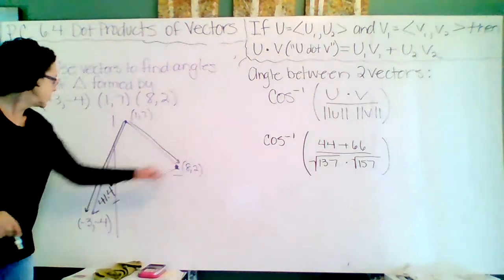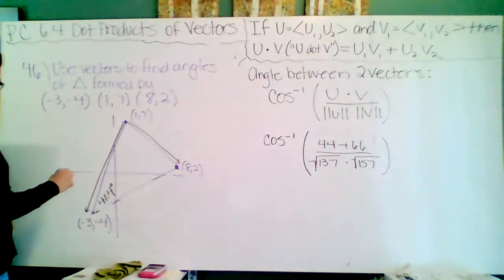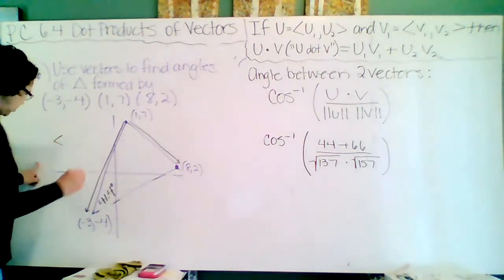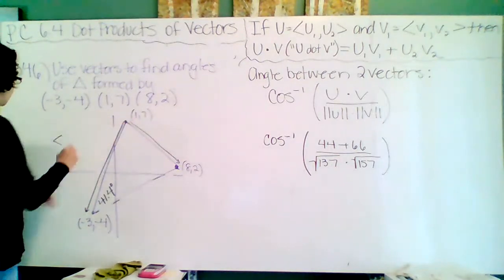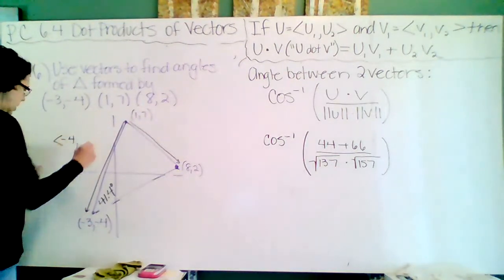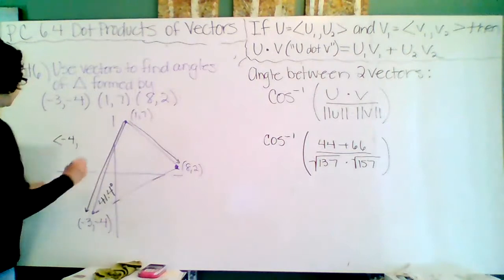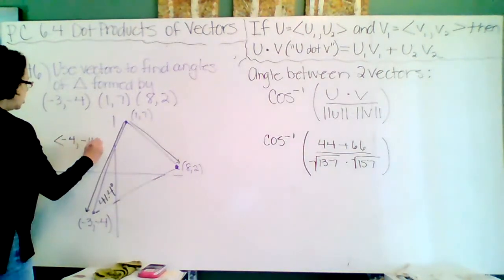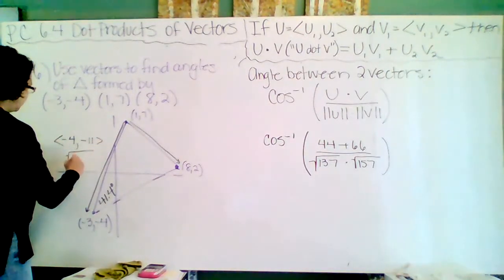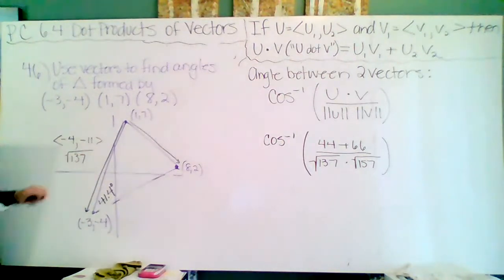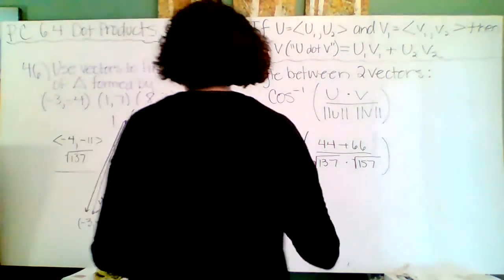Let's write these two vectors in component form. Terminal minus initial: -3 minus 1 is a -4. -4 minus 7 is a -11. Notice this is still going to have a magnitude of the square root of 137. The length has not changed.